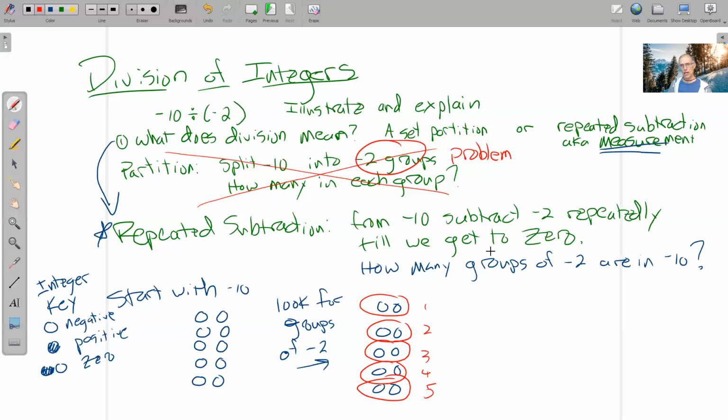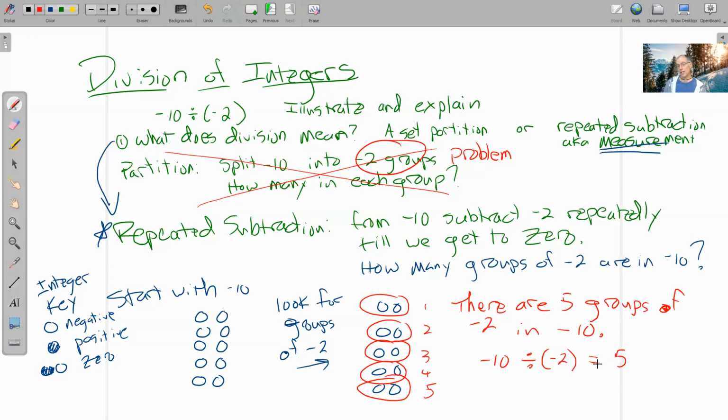So now I set up, here's what I think I'm starting with, here's my illustration. Then I need a conclusion based on that. So based on this right here, I think there are 5 groups of -2 in -10, period. So -10 divided by -2 is equal to 5.